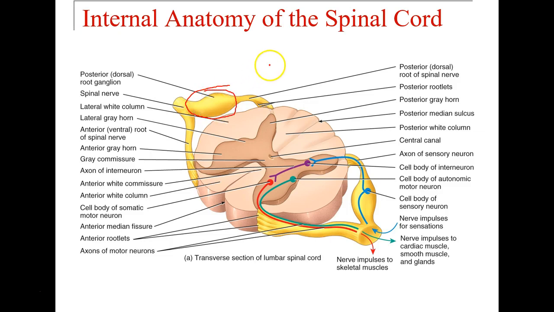This is what helps you note this is the posterior side of the cord. That leaves the anterior side for motor output. So motor is moving out, sensory is moving in through the posterior side of the cord.